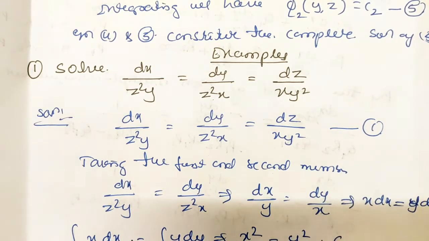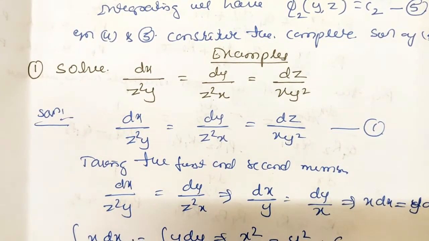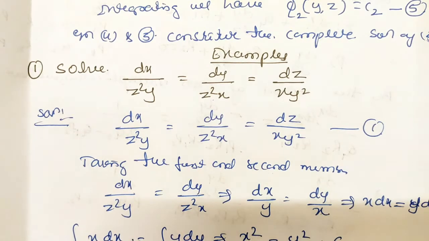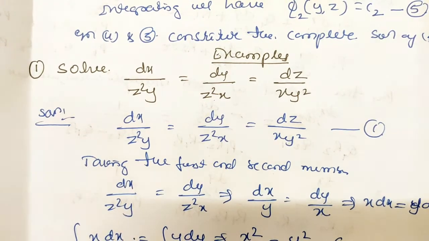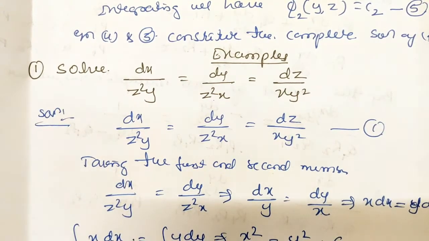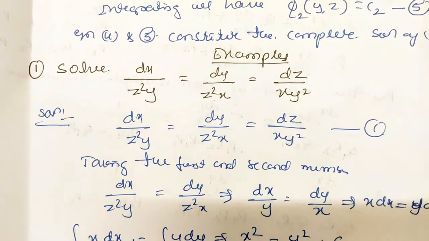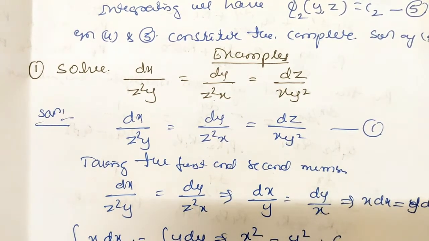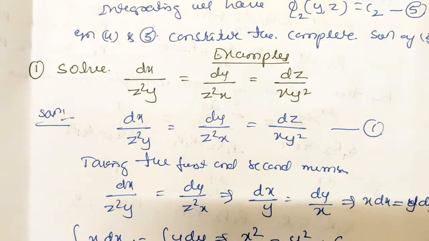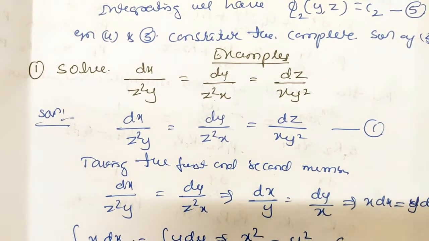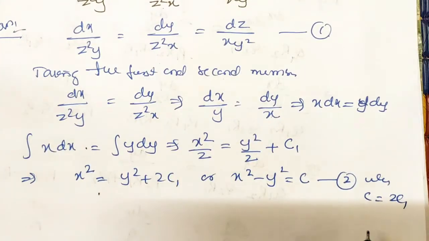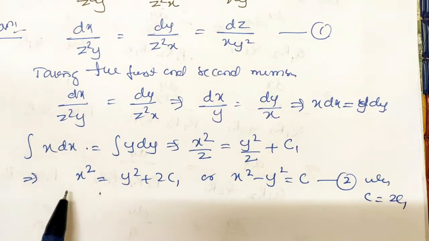Take all the terms on one side, or take LCM and simplify. It becomes x square is equals to y square plus 2c1, or x square minus y square is equals to c, where c is nothing but 2c1. This is the first solution.